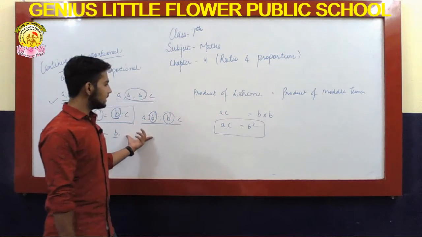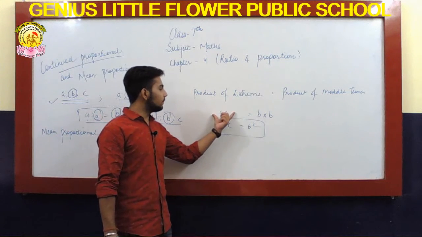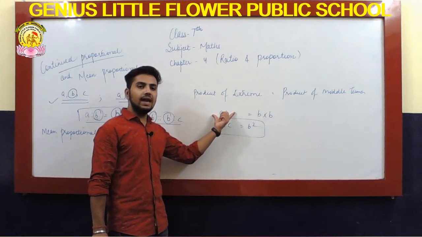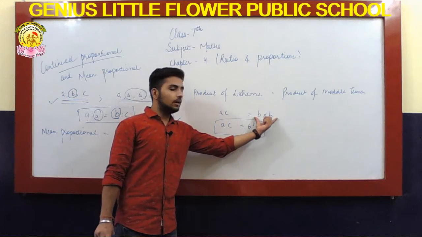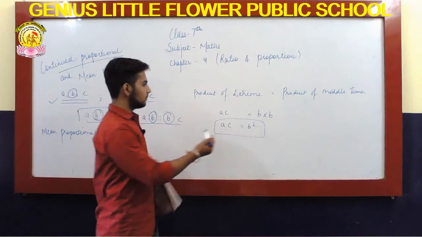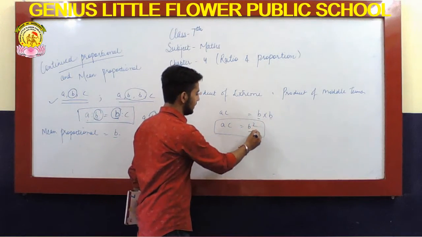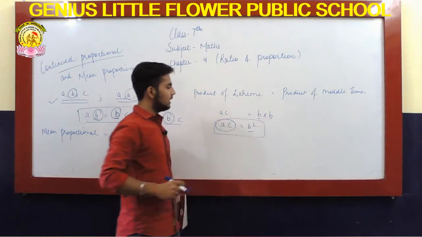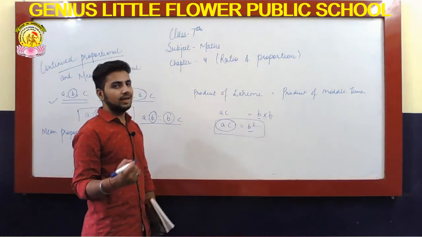So using this result, the product of extreme terms, A and C, equals the middle terms B twice, so B into B giving B square. Here we have A into C. This is the main result we are going to use in the next question.